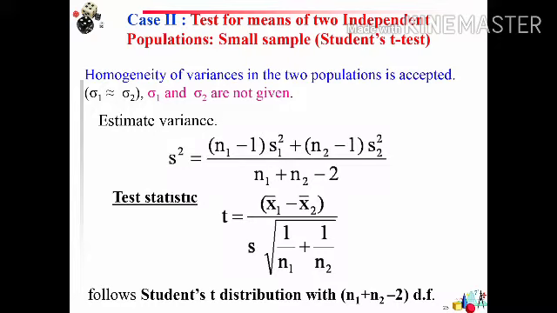We estimate the pooled standard deviation s and substitute this value in the test statistic. The test statistic for the student's t-test is t equal to x1 bar minus x2 bar divided by s into square root of 1 by n1 plus 1 by n2. This follows a student's t distribution with n1 plus n2 minus 2 degrees of freedom.